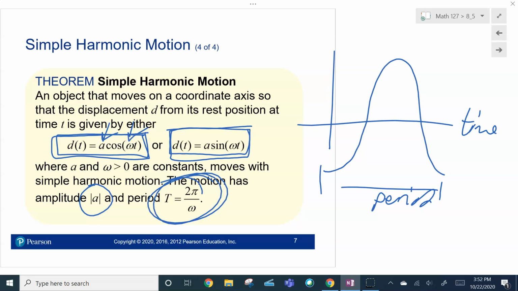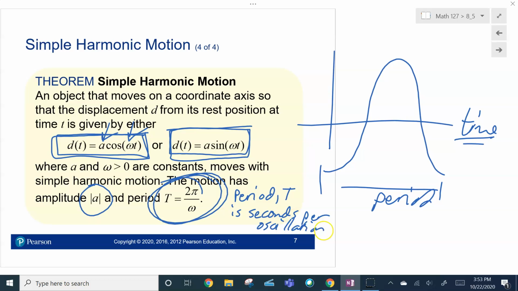So the time required for one oscillation is your period. So when you're thinking about simple harmonic motion, just know that your period, capital T, is in seconds, because our time's in seconds, per oscillation.